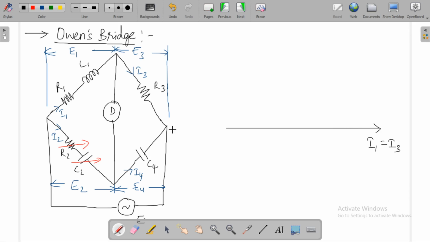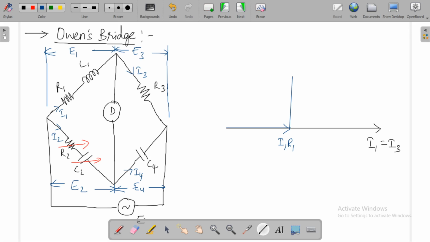Now let us take this branch. How can I draw the voltage across R1? Voltage across R1 is in phase with I1, so this is I1 R1. How can I draw voltage across L1?